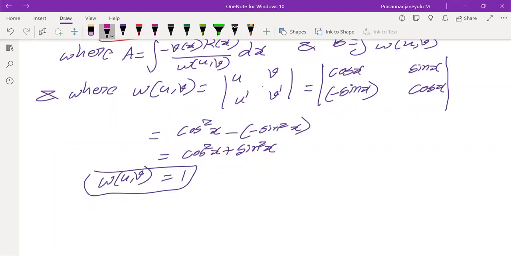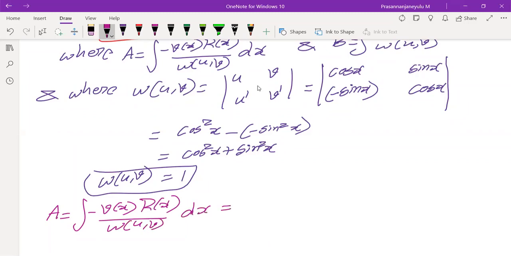So take the first formula, A is equal to integration of minus v of x into r of x by W of u comma v into dx. Now I'm substituting everything. What is v? We have minus 1 into sin x, into r of x, which is cosecant x, by W of u comma v, which is 1, into dx.